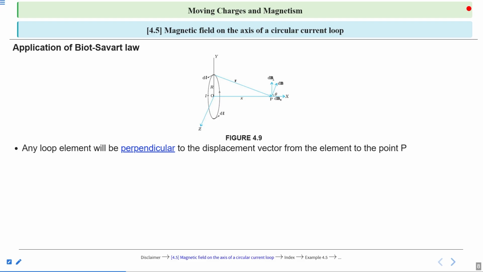So now you can see the loop is in the YZ plane, and this r, this displacement vector, is in the XY plane.